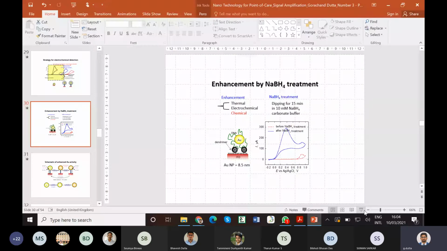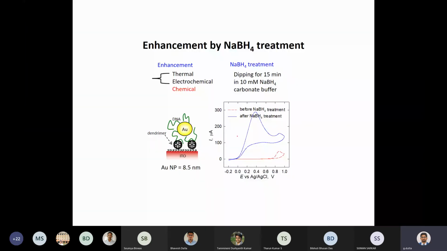Now let's move on. As I mentioned, sodium borohydride can activate the surface and the electrocatalytic activity. Here you see one sensor where we use gold nanoparticles conjugated with DNA.